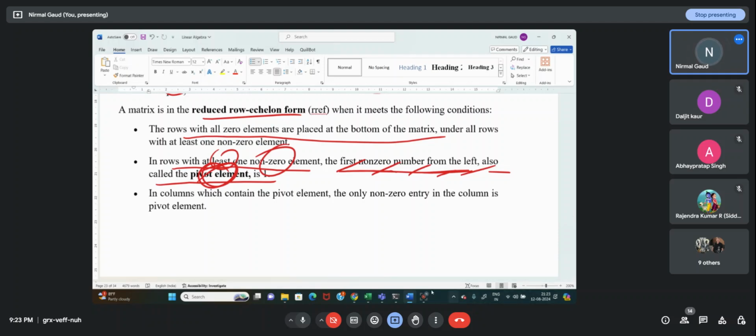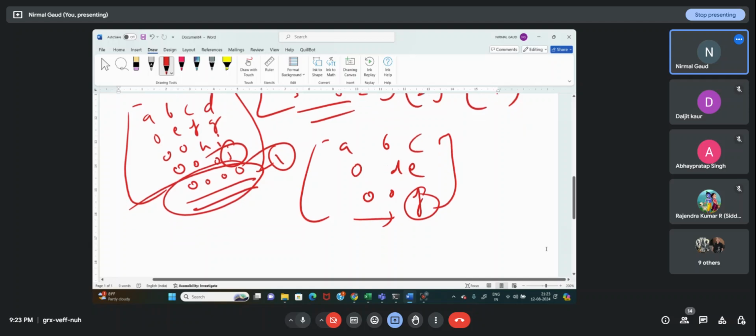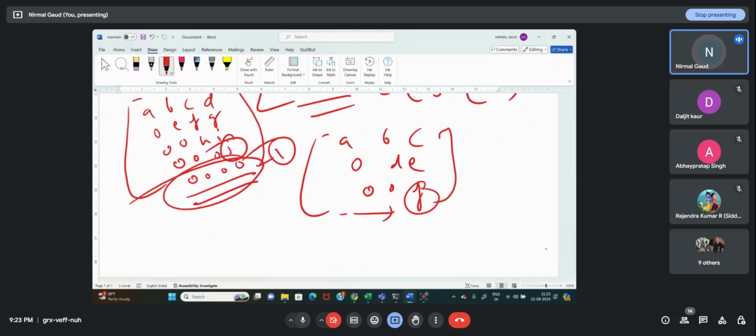So let me count from the left. This is the first non-zero element from the left in a row, the pivot element.